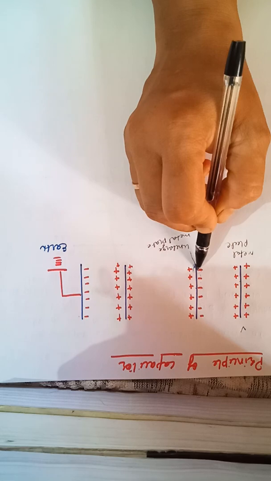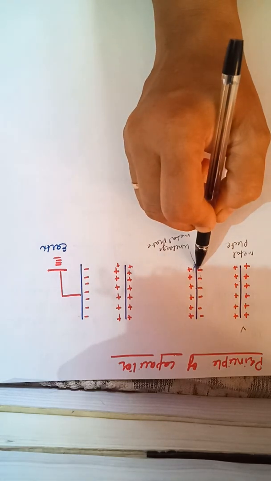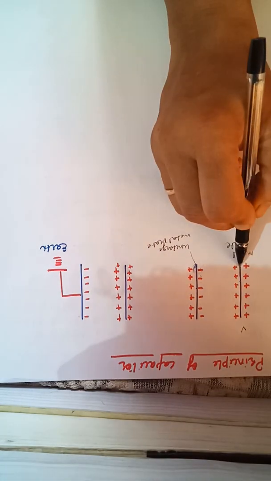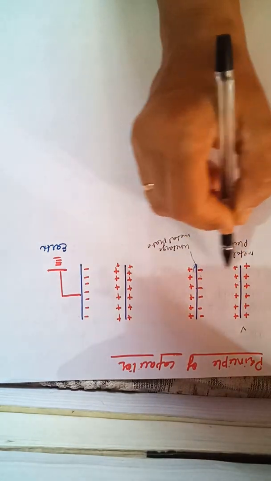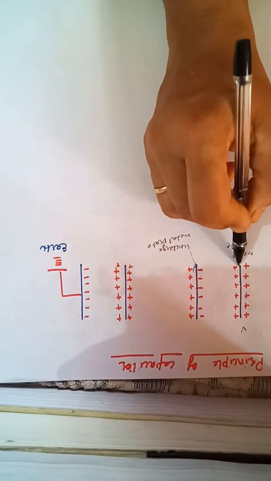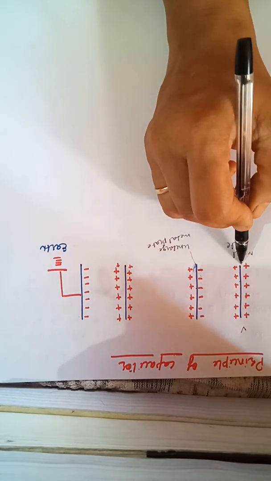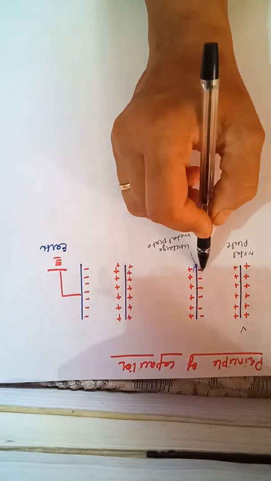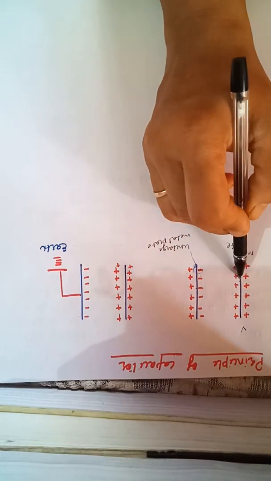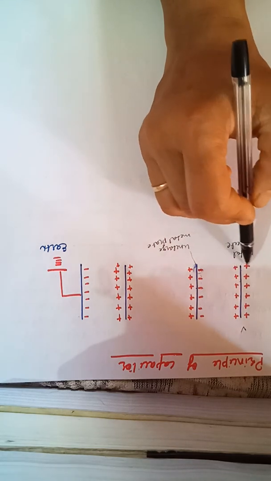So what will happen? Due to this negative charge, the potential at this plate will decrease. Initially it is positive, but due to the presence of this negative charge, the potential of this plate slightly decreases.